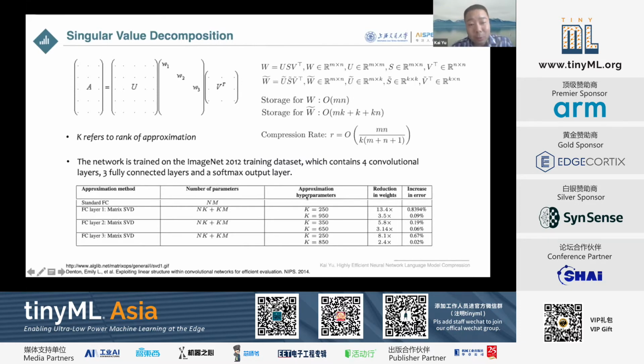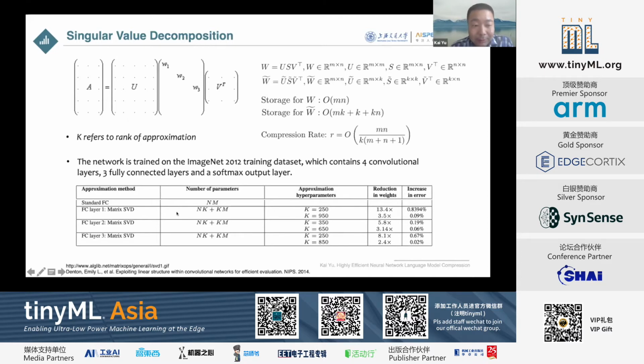One typical general approach is singular value decomposition. As you can see from here, for singular value decomposition, we just factorize a matrix into three different matrices, and we use a rank approximation to reduce the rank in the middle so that we can reduce the total number of parameters. With different rank approximation K, we have different compression ratios.